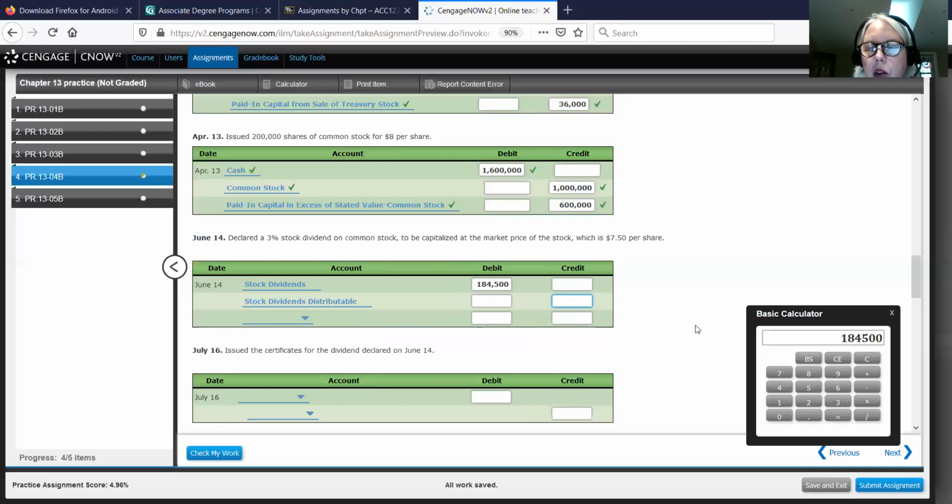The amount of the stock dividend distributable you would need to calculate. You're going to calculate it by taking the number of shares of the common stock dividend that we calculated on our Excel spreadsheet. The number of shares were 24,600.